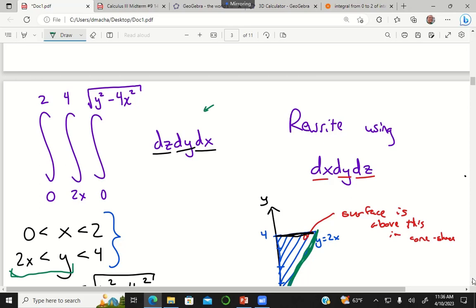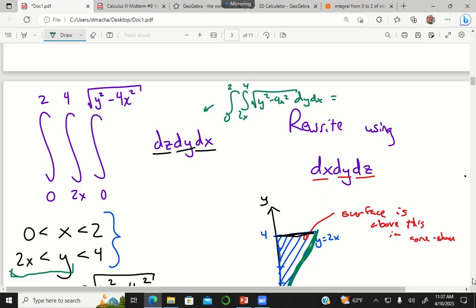Okay, so if I were going to take the antiderivative of 1 with respect to z, then it would just be z. And then if I plug in, it's just going to be the double integral from 0 to 2 of 2x to 4 of the square root of y squared minus 4x squared dy dx.